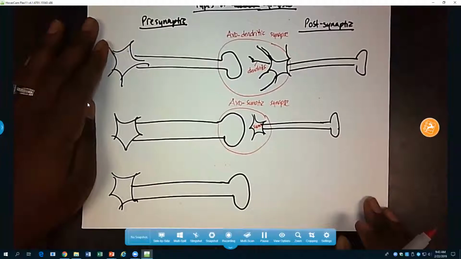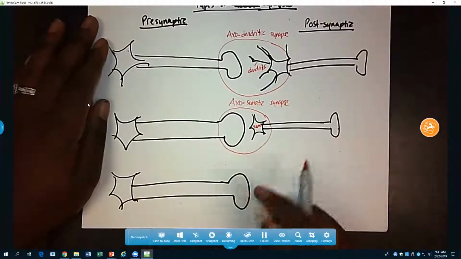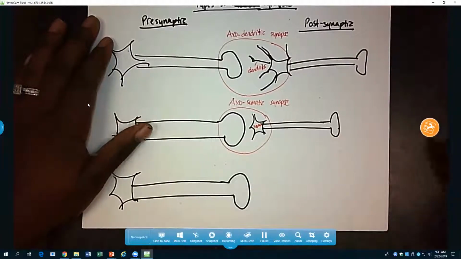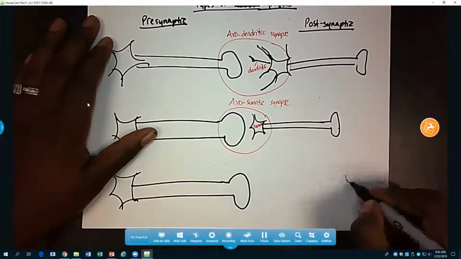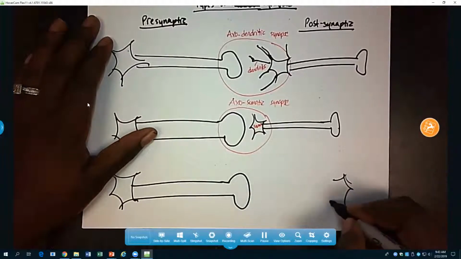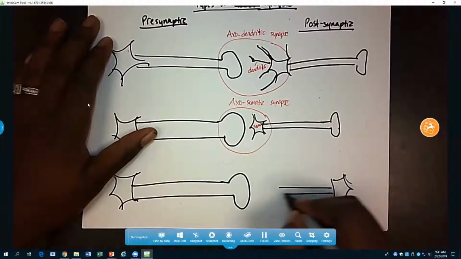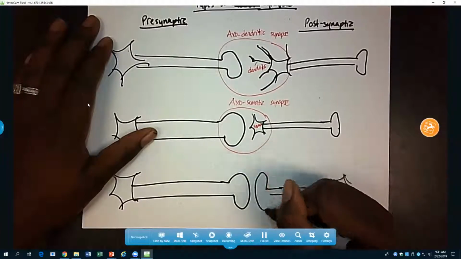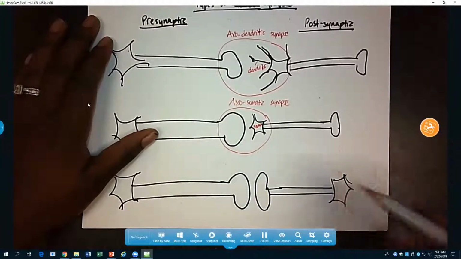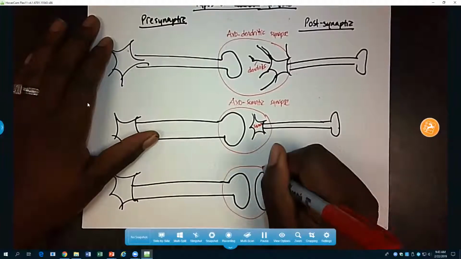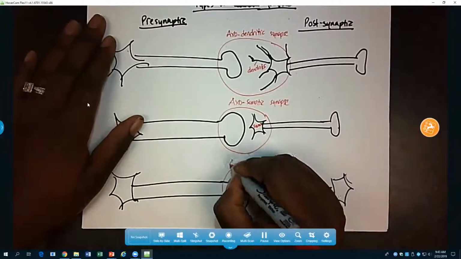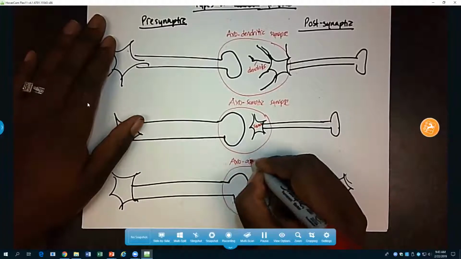And then the third variation here is that you can have two terminal boutons synapsing onto each other. So two terminal boutons communicating here, and this is called an axoaxonic synapse.